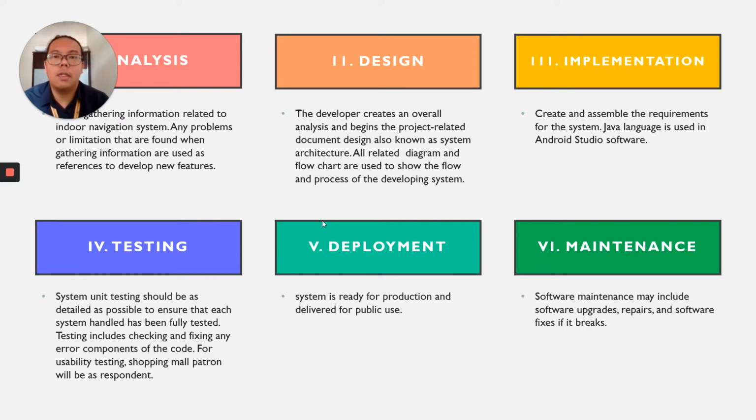And then for the second phase, design, the developer creates the overall analysis and then begins the project-related document design, also known as system architecture. In this phase, we sketch out the project system architecture and related diagrams, and those are used to show the flow process of the developing system.